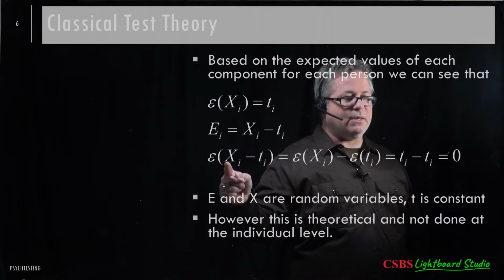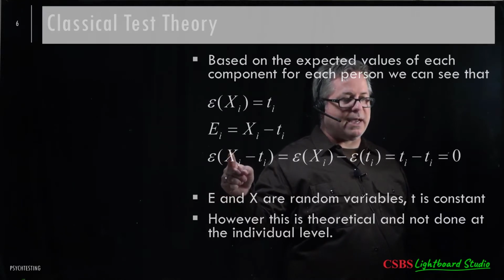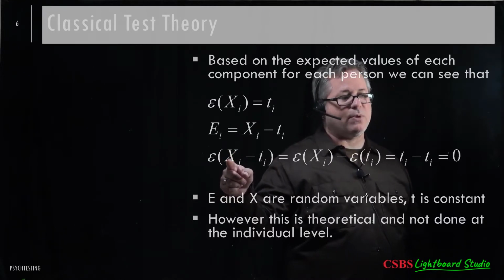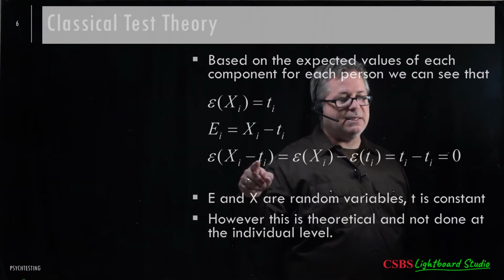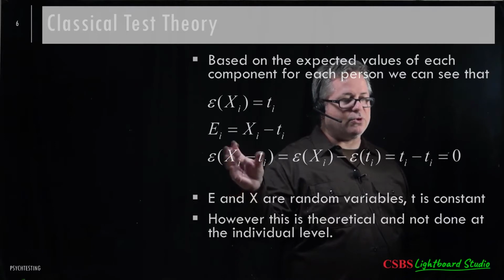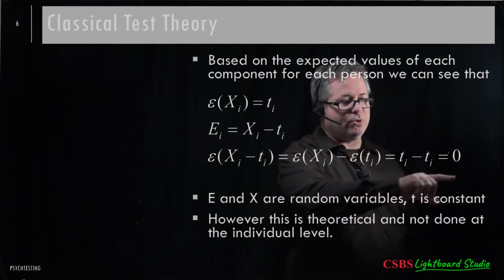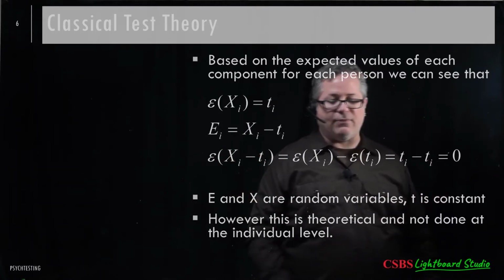So if there is measurement error around X, it is plus and minus around T, so that in the long run, these two things should be about the same. We should really be getting zero error if we're expecting it to be.